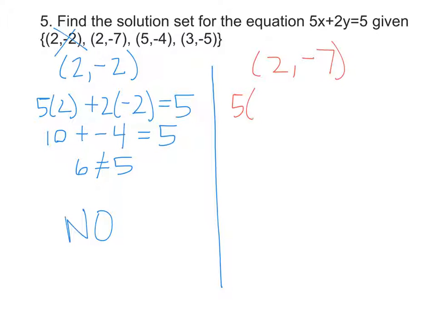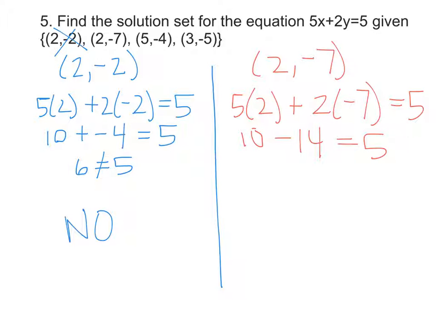And then we're going to do 5 times 2 plus 2 times negative 7, and we're going to check and see if that equals 5. So multiplication first. 5 times 2 is 10. Right here we have positive 2 times negative 7, so that's a negative 14, or you could have written plus negative 14, same thing, equals 5.